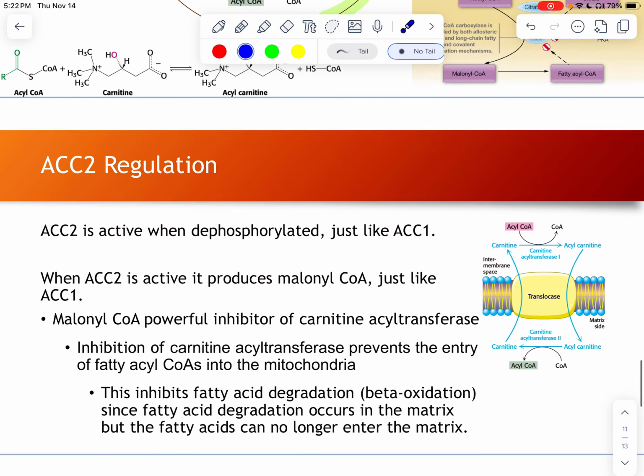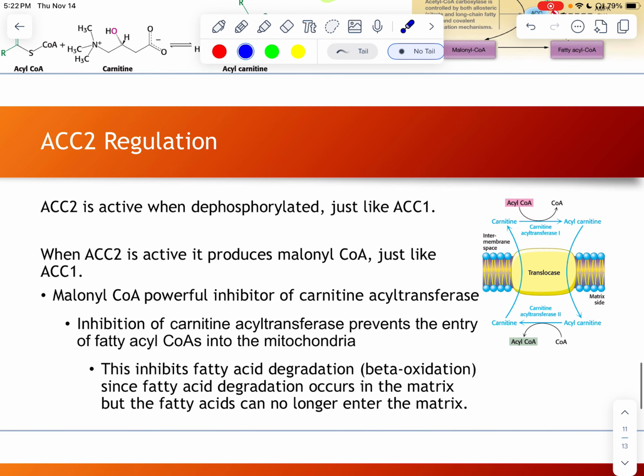All right, why are we reviewing that? Well, it is because it's incredibly important as we talk about the regulation of the version of this enzyme in the matrix. So, same enzyme, y'all. ACC2 is active when it's dephosphorylated, just like ACC1. And when ACC2 is active, it produces malonyl-CoA, just like ACC1.